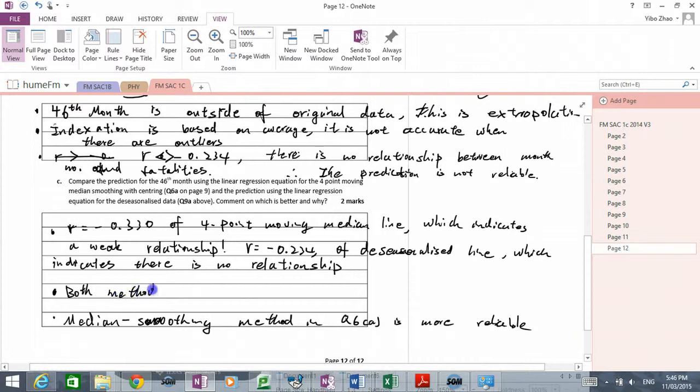Both methods minimize the effect of variations on prediction. As a result, the 4-point moving median smoothing line method gives me a stronger R value, so the median smoothing method is more reliable.